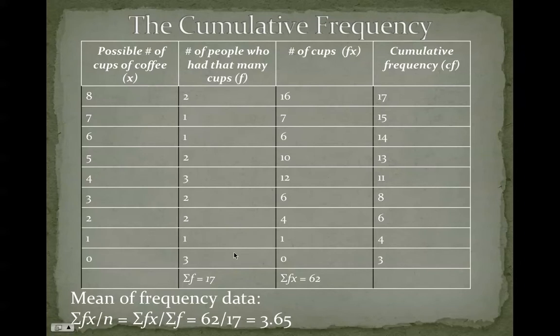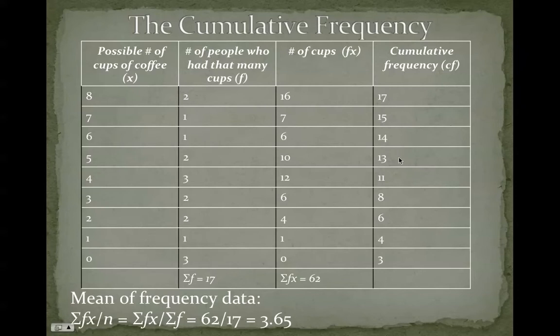Another way of doing it, instead of adding all these up and then putting the number here, so 3 plus 1 equals 4, 3 plus 1 plus 2 equals 6, 3 plus 1 plus 2 plus 2 equals 8, 3 plus 1 plus 2 plus 2 plus 3 equals 11, you could do that, or you could just do it by row. You could go 3 and then crossover plus 1 equals 4, 4 crossover plus 2 equals 6, 6 crossover plus 2 is 8, and so on. 15 crossover plus 2 is 17.